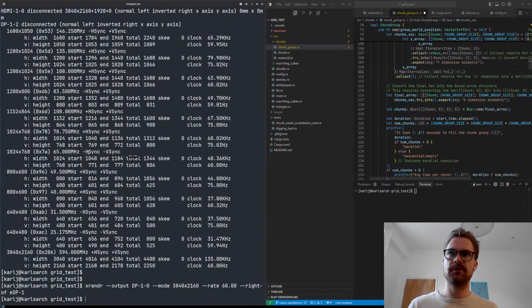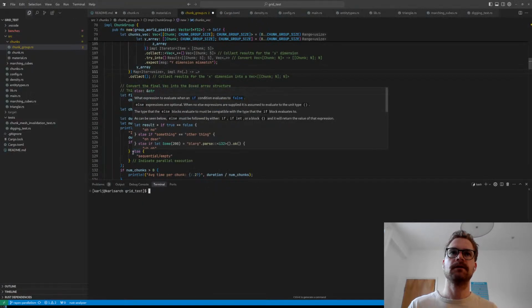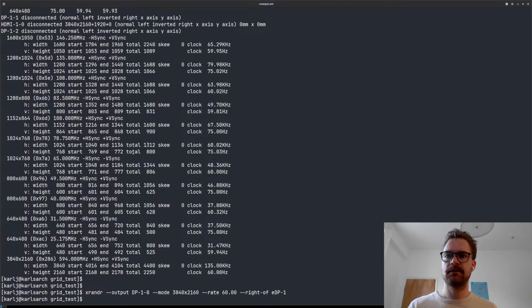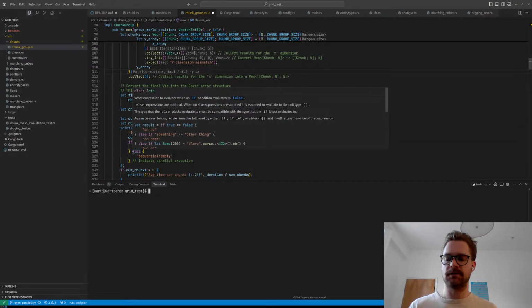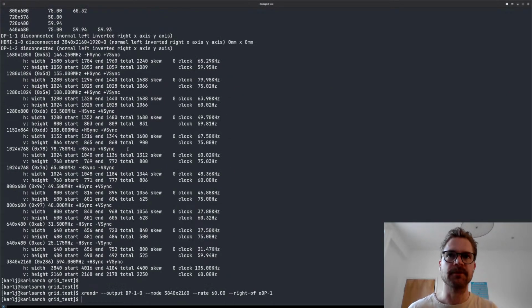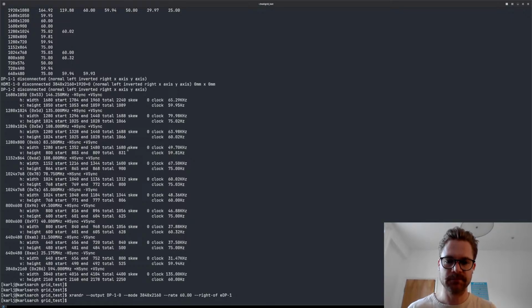So this one goes to 2. This one goes to 3. This one goes to... No, wait, what's at 2 now? This one goes to 4. 6. This one goes to 2. All right. There we go. I hope this is not going to crash, but who knows? It's Linux.